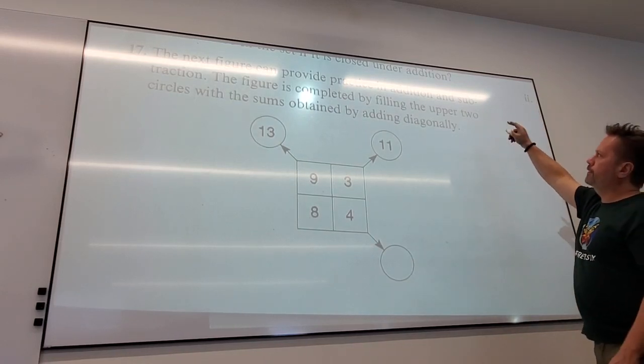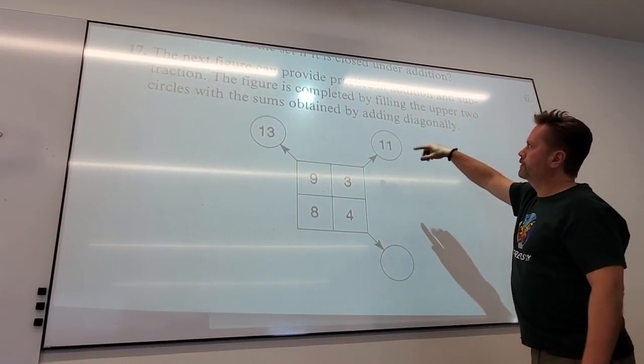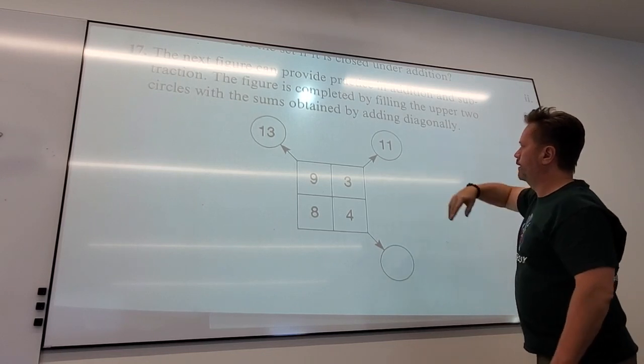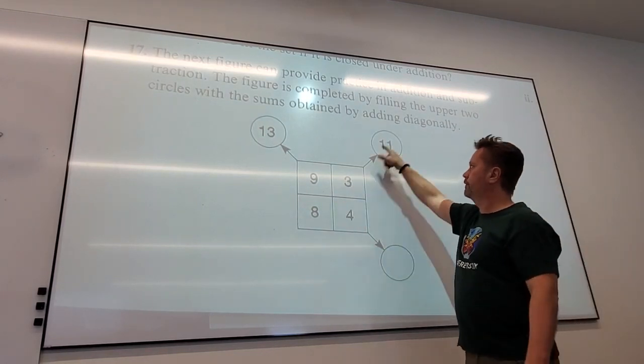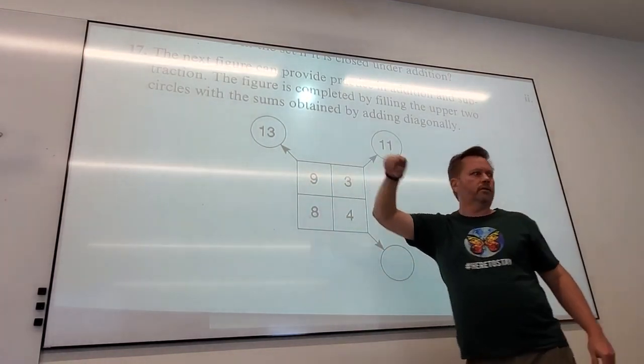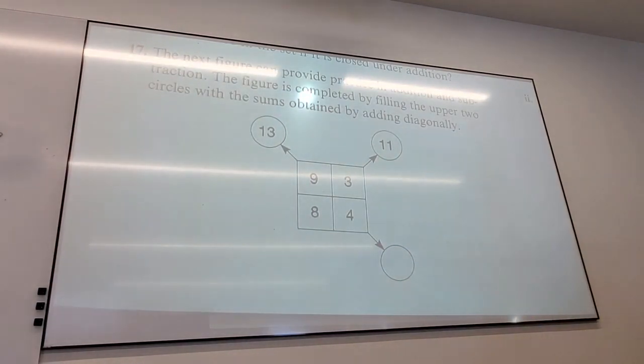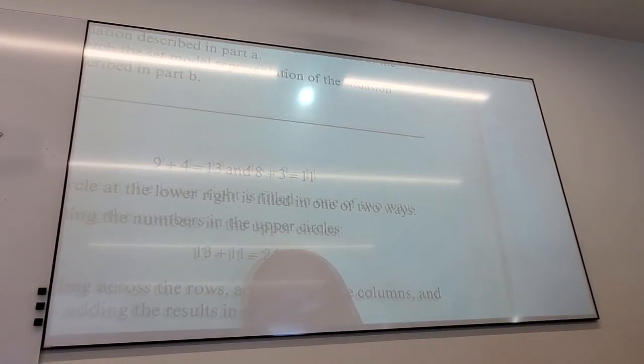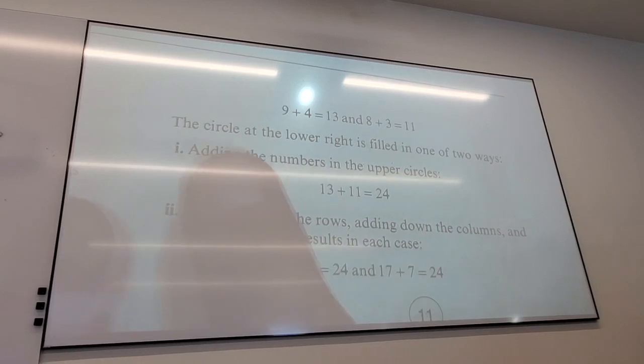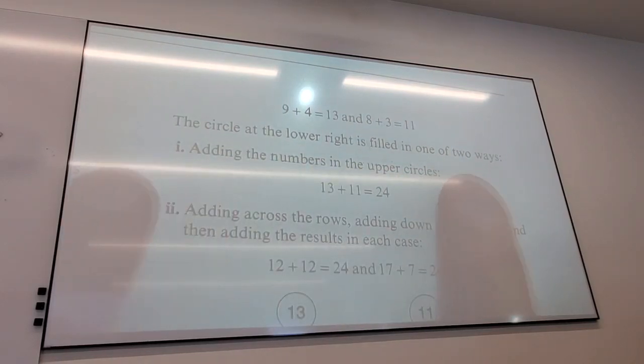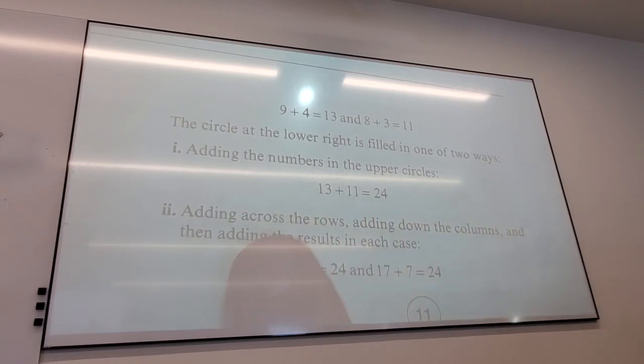The figure is completed by filling the upper 2 circles with the sums obtained by adding diagonally. All right, so that's easy enough. Right? And then it even shows you, ooh, thank you, book. And it says the circle on the lower right is filled in one of 2 ways. Adding the numbers in the upper circles, or adding across the rows, and so on, right?